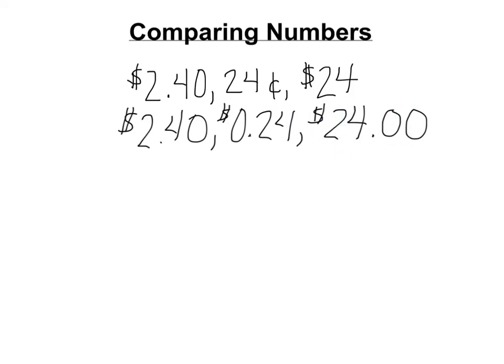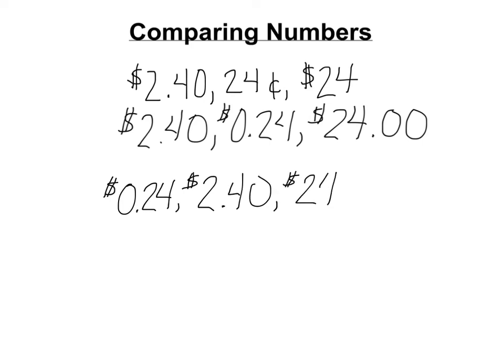So if I wanted to put this in order from least to greatest, obviously I'm going to start with 24 cents. Next would come $2 and some change, and finally the largest, $24.